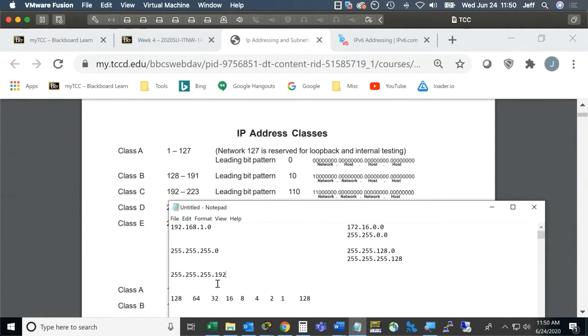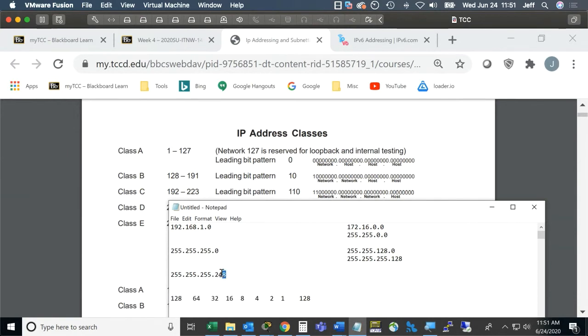And that equals 192. Then if we take 3 bits, it's 224. It's 128 plus 64 plus 32. And then if we take 4 bits, it's 240. It's 128, 64, 32 plus 16. And then if we do 5, it's 248 because now we add these all up.